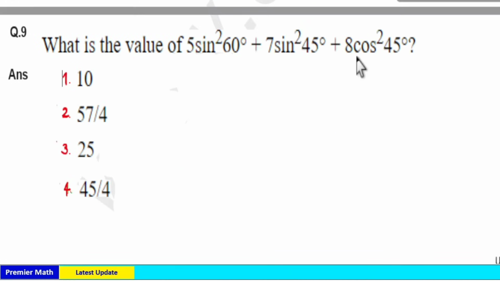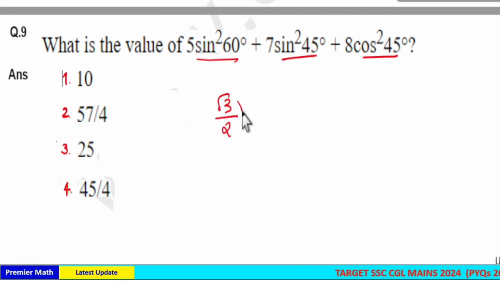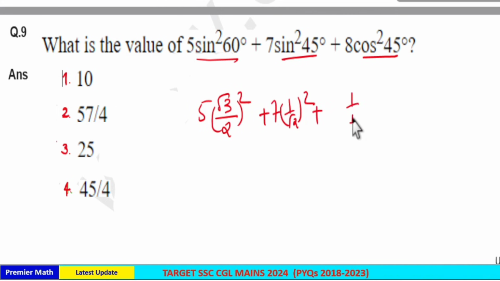What is the value of the following? Here cos 45 and sin 45 values are 1 by root 2, and sin 60 is root 3 by 2. So root 3 by 2 the whole square into 5, plus 1 by root 2 the whole square into 7, plus 1 by root 2 the whole square into 8.